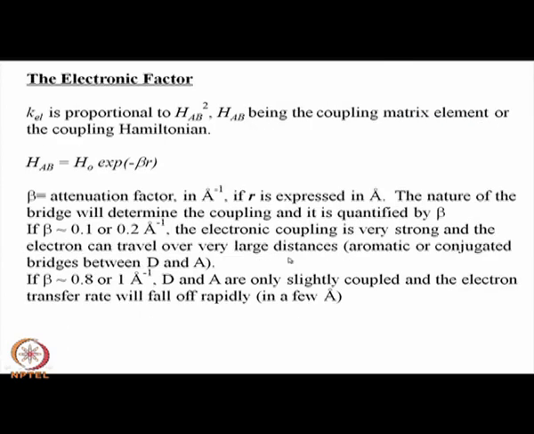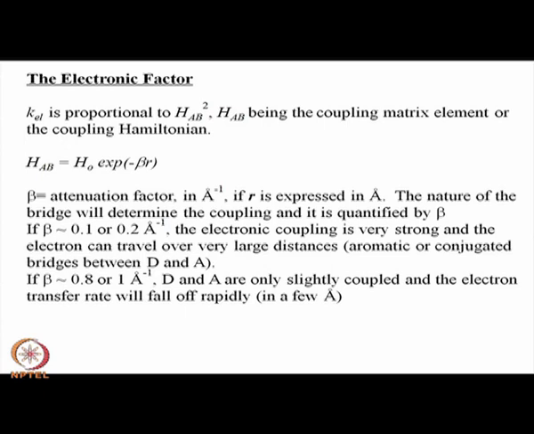That is proportional to the mod square of HAB, HAB being the coupling matrix element or the coupling Hamiltonian. HAB is H0 into exponential to the power minus beta R. So, HAB basically reduces exponentially.